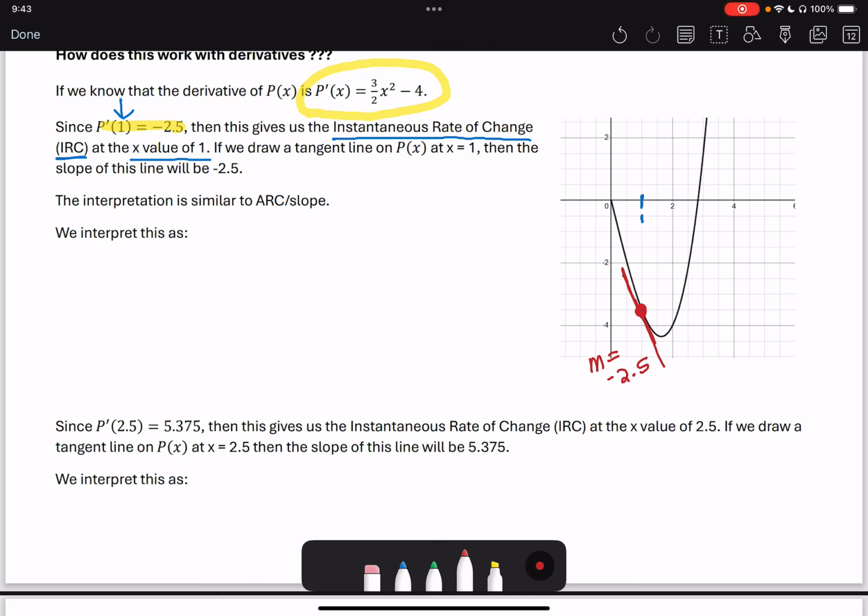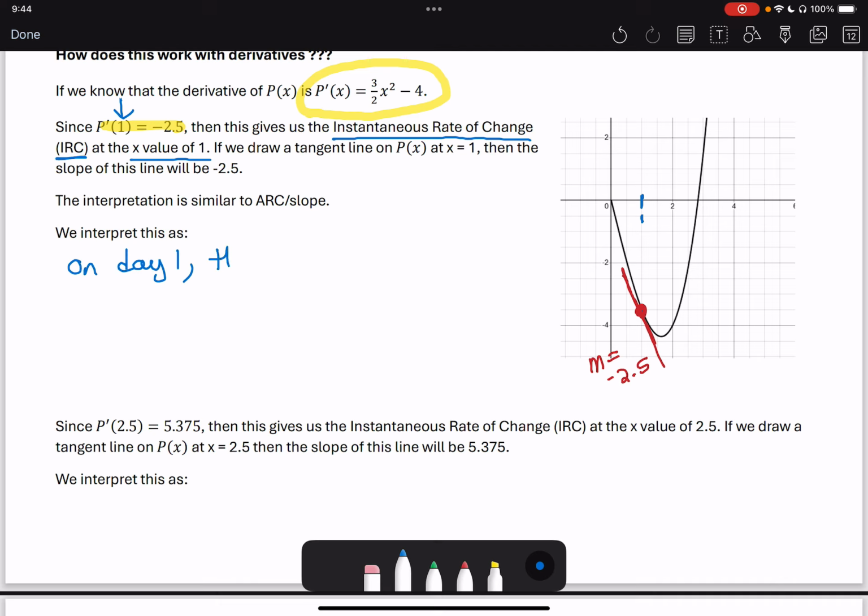And we actually interpret these very similar to average rate of change, and that's why we reviewed that. We would need to reference our input value, so that would be on day 1, referencing that 1 value.